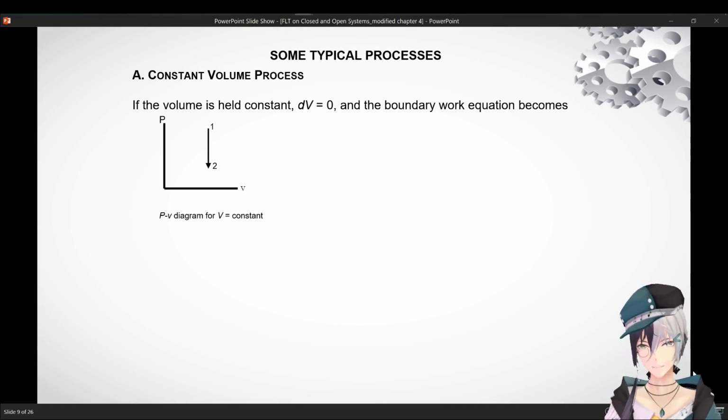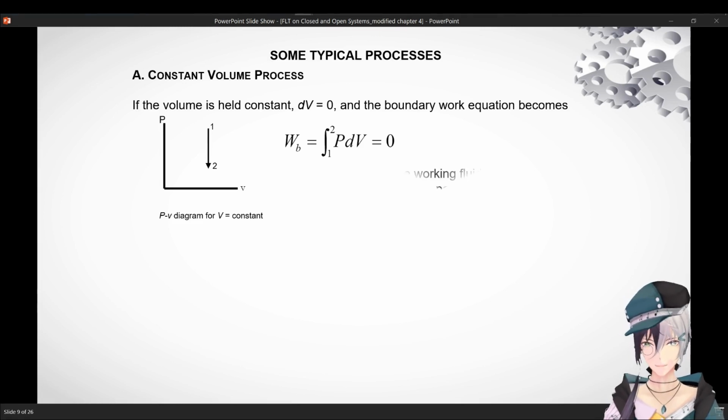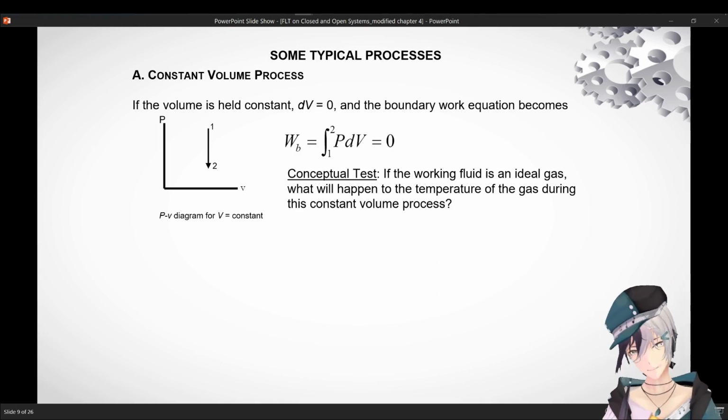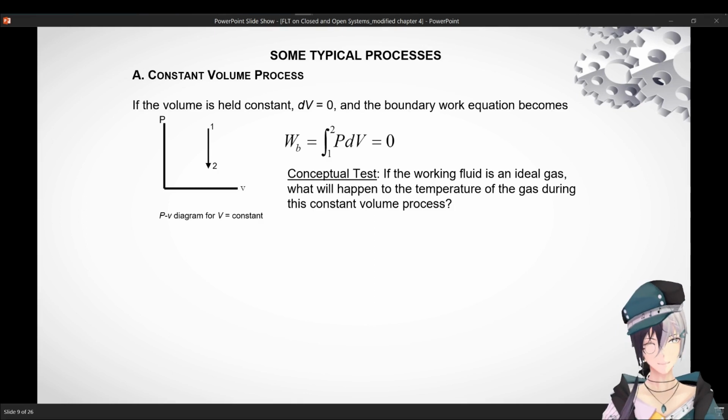So for the isometric process, or constant volume process, boundary work is zero. We have a question here. If the working fluid is an ideal gas, what will happen to the temperature of the gas during this constant volume process?